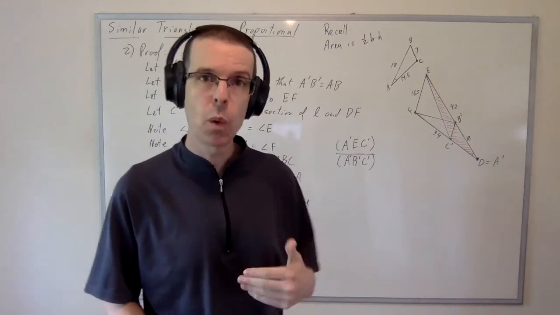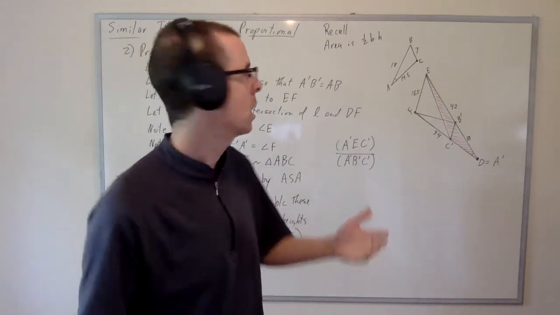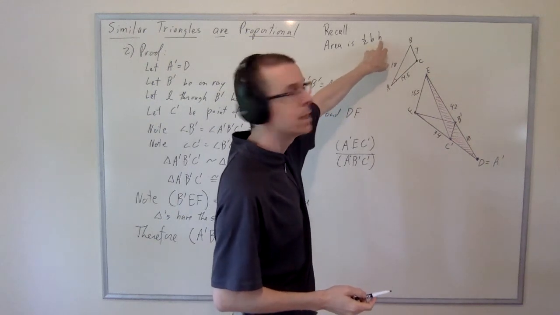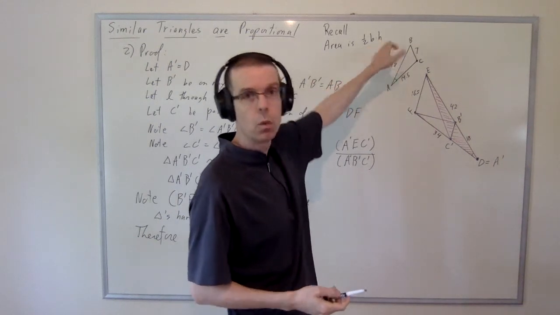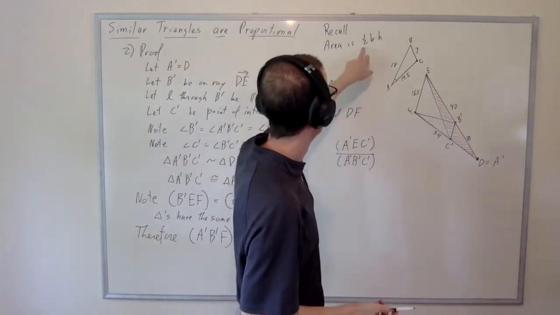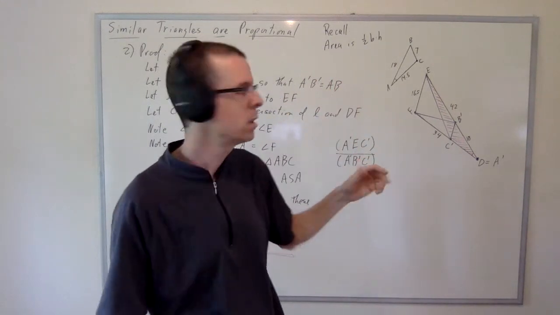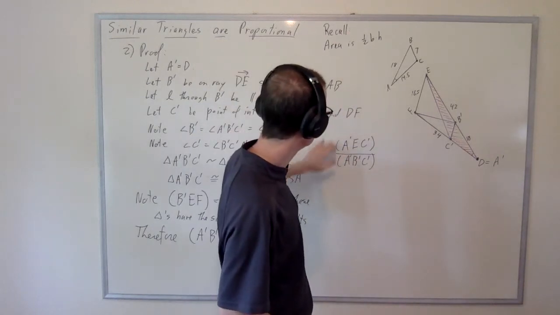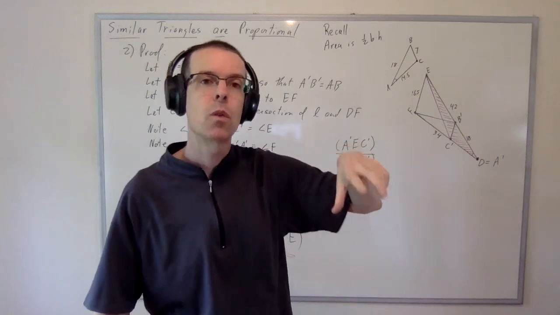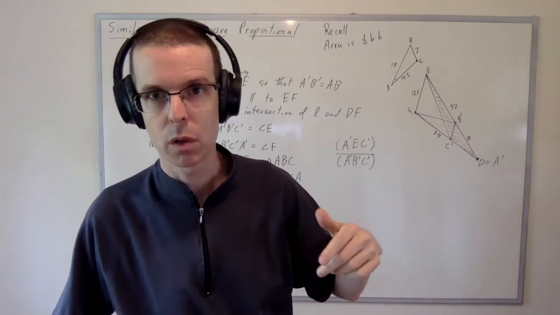But the ratio between their areas, if the base is constant, will be the ratio between two formulas like this. And the heights in those formulas will cancel because they're equal, right? And the 1/2 obviously will cancel because that's a constant. So the ratio between the areas of these triangles is the ratio between two formulas like this. But in those formulas, the heights are equal and the 1/2 are equal.